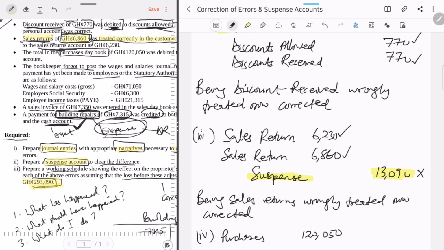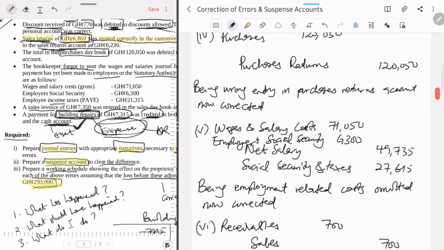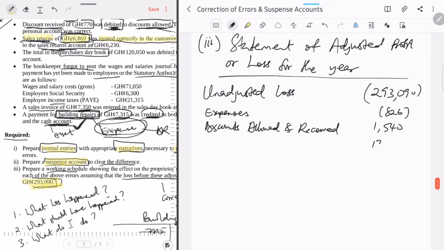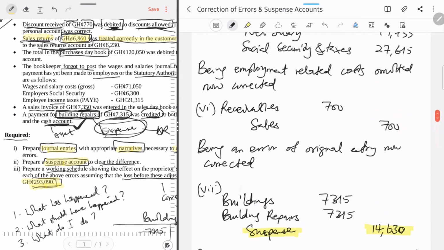Debit. What do I do? Deduct debits and add credit. So the figure is 13,090. Since it was debit, I deduct 13,090. So 13,090 will be deducted. This will be my sales returns. Okay. What's the next one we have here?